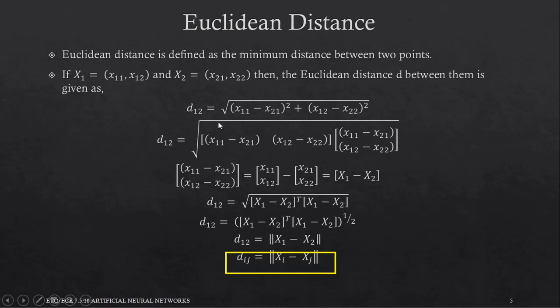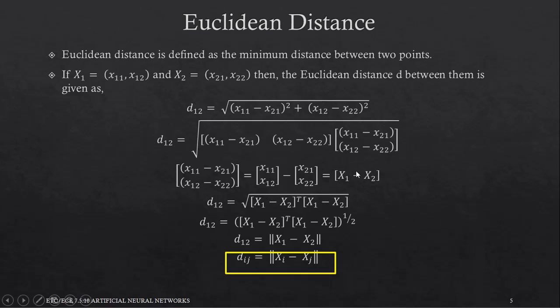Yeah, so we can write it this way, just confirm. But what is this term inside the matrix? x11 minus x21, x12 minus x22. This can actually be written as (x11, x12) as one matrix minus (x21, x22) as the second matrix, which is actually equal to capital X1 minus capital X2, the 2 points.